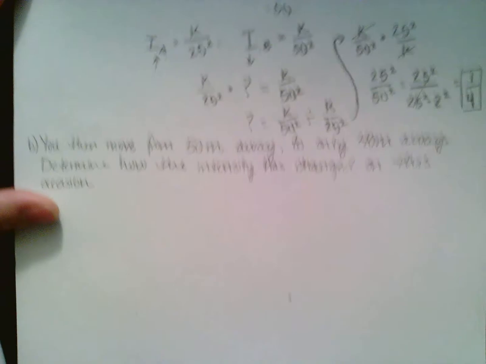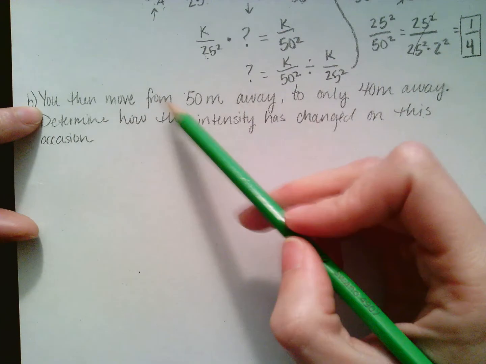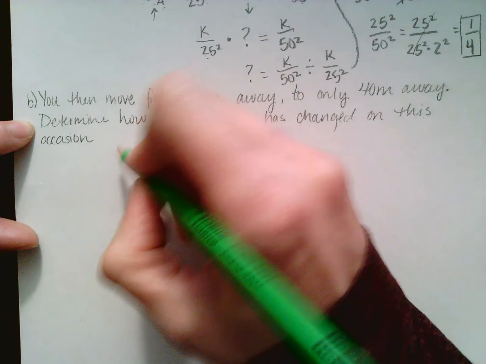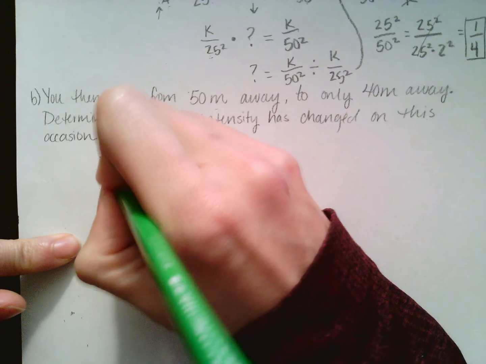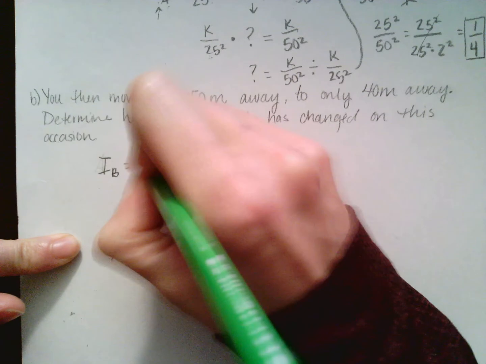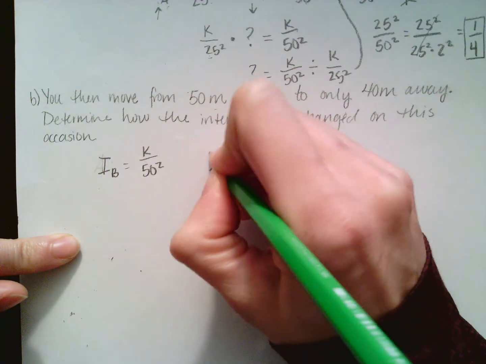And then moving on to the next problem, it's going to be very similar. You then move from 50 meters away, so let's call this I sub B, where it was K over 50 squared, to only 40 meters away.